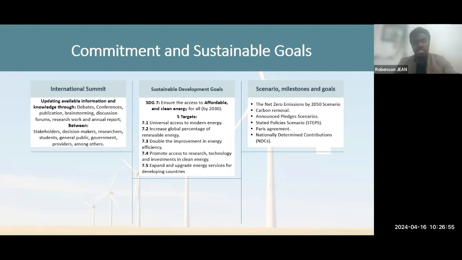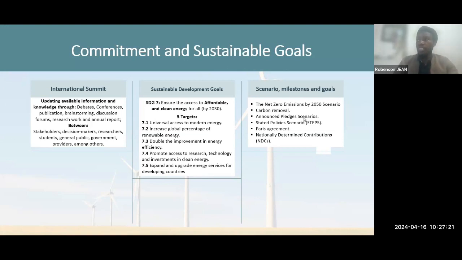In another scenario, we have the announced pledges scenario. That is a scenario which assumes that all climate commitments made by governments and industries around the world by the end of August 2023 will be met in full and on time. So it is important to respect this commitment made by governments.